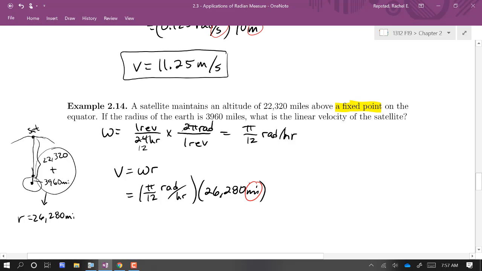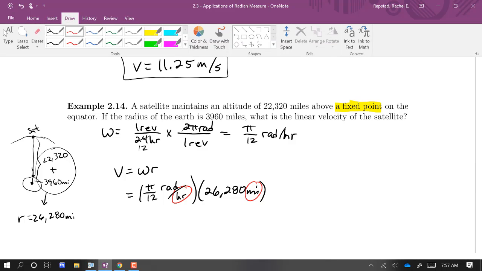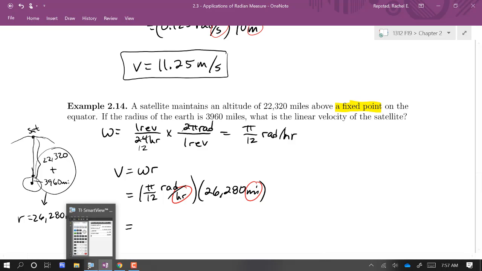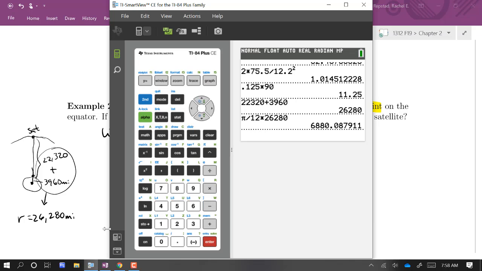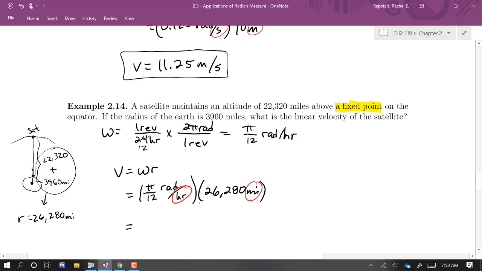That means the units we're going to be left with are miles per hour. So that's 6,880.09 miles per hour.